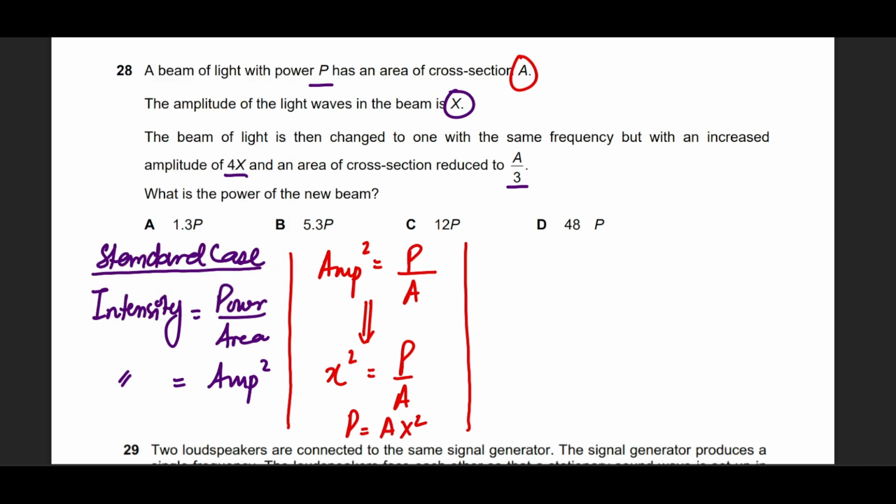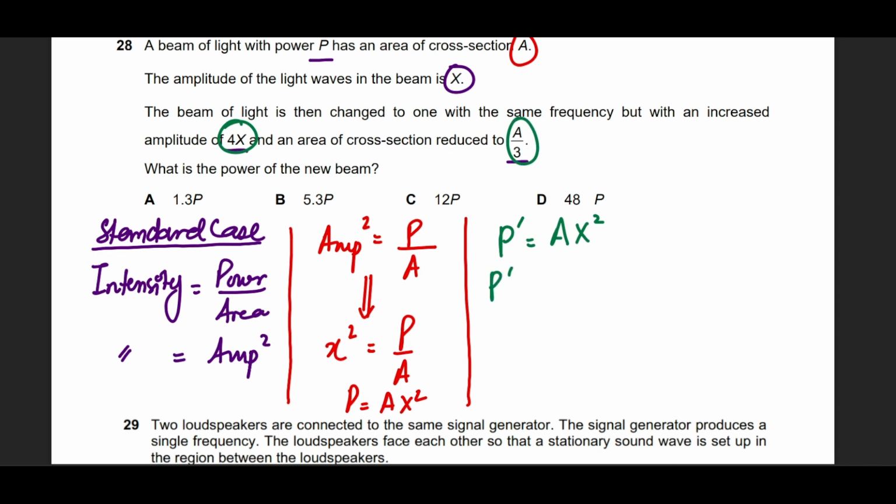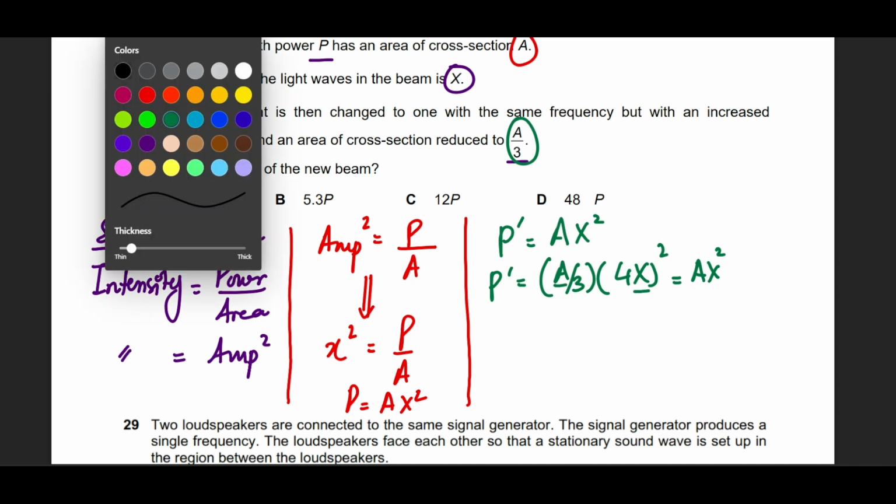Let's put in the new variables. The formula is P dash equals AX square. The new situation is that the amplitude is 4 times and the area is 3 times smaller. So P dash is equal to A by 3 into 4X whole square. The variables and the numbers are separated.